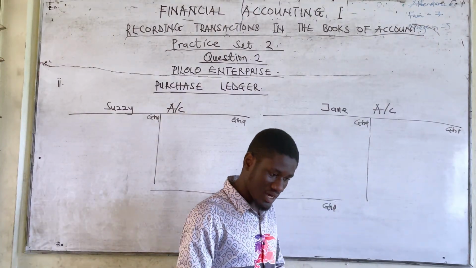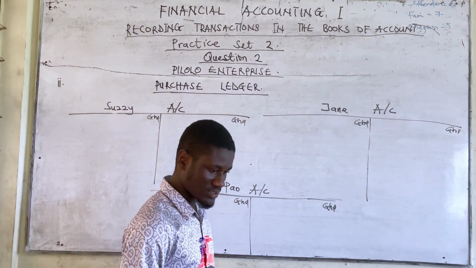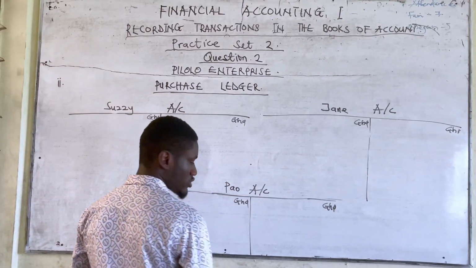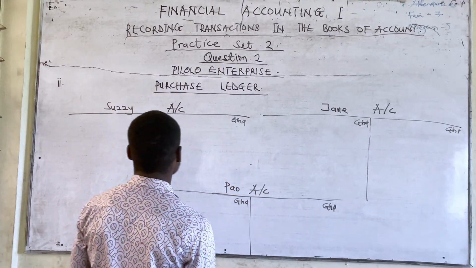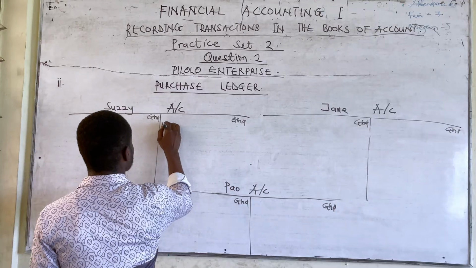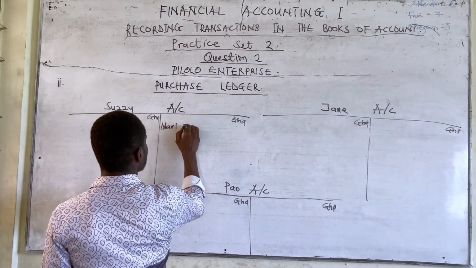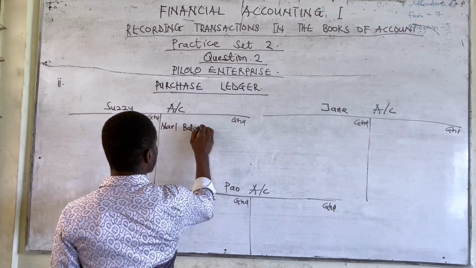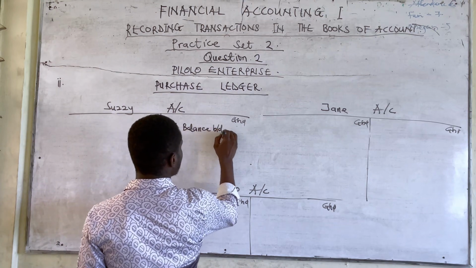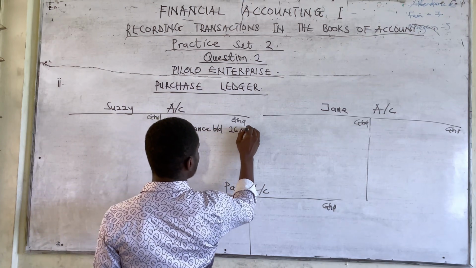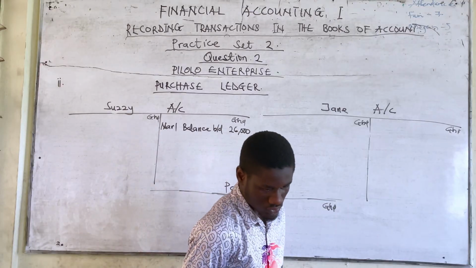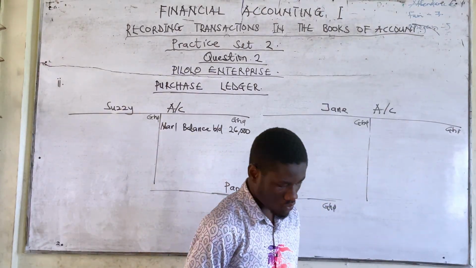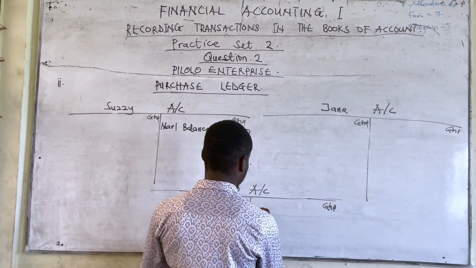Only Susie and Paul that we owed them at the start of the month. And Susie's balance was 26,000. Good. And Paul, which is 14,000.